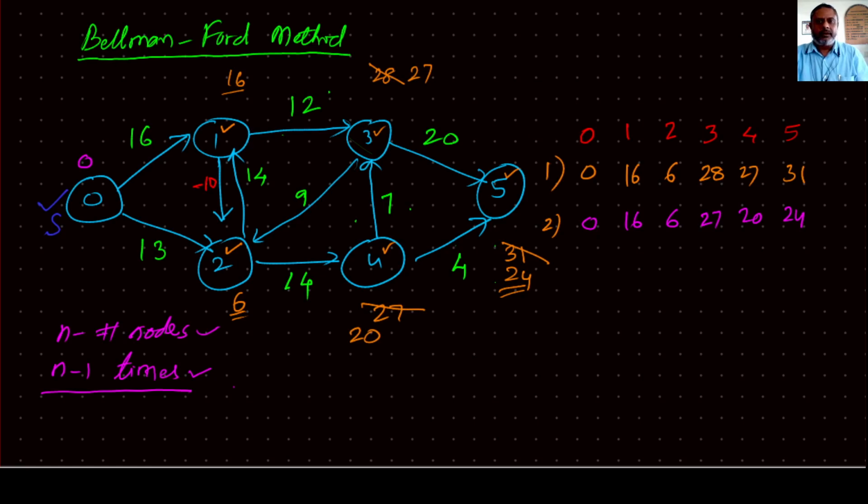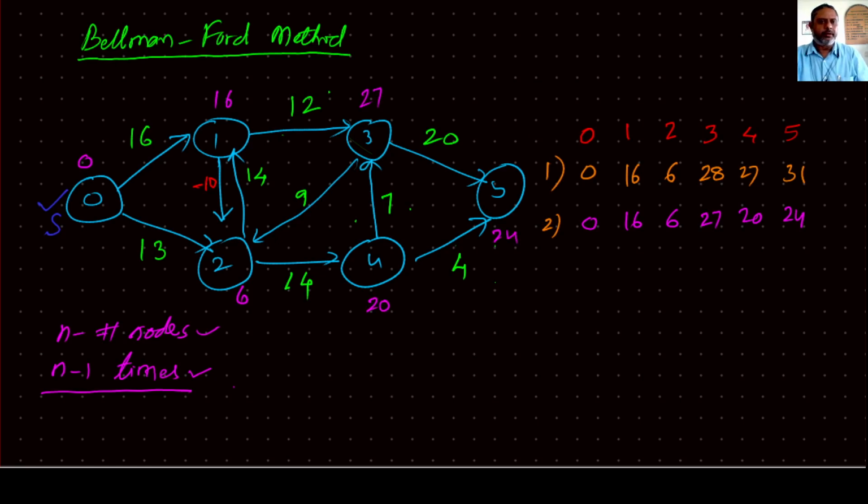Okay, let me improve all these things. So this is 16, this is 6, 3 is 27, 4 is 20, and 5 is 24.